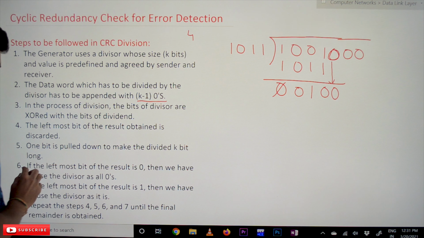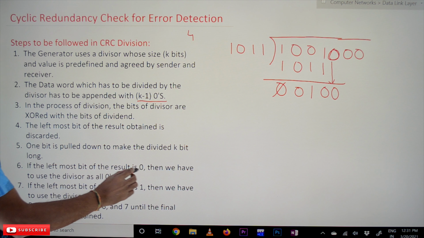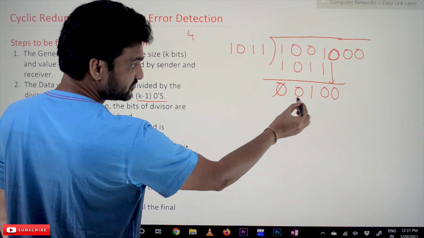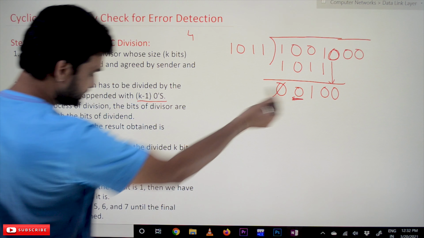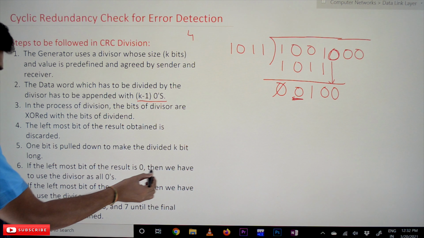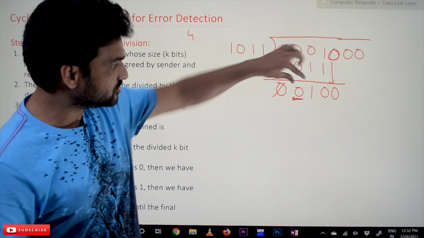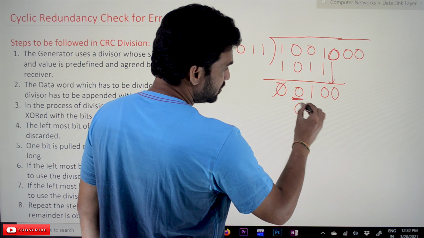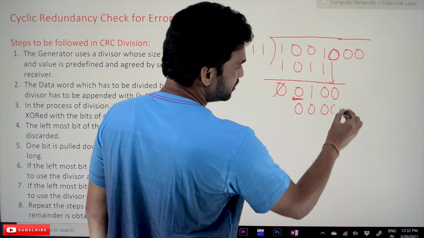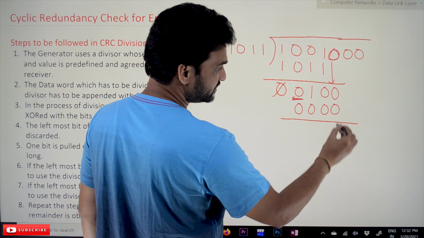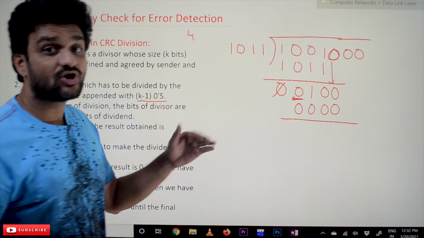Next, if the leftmost bit of the result is 0, so this is 0, then we have to use the divisor as all zeros, and again we do the XOR operation.